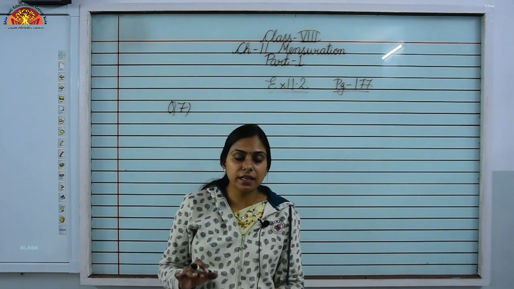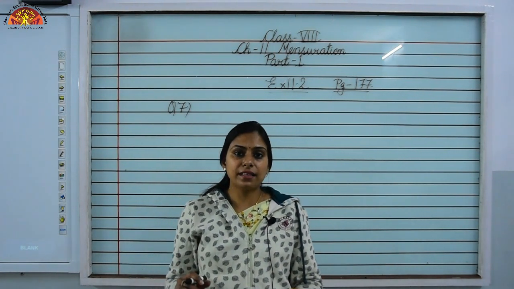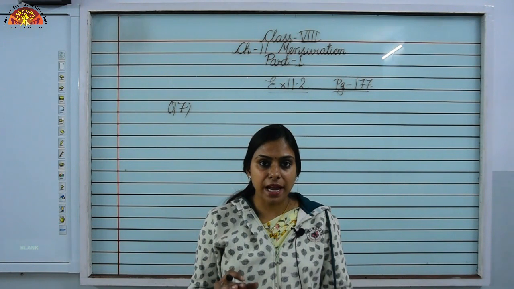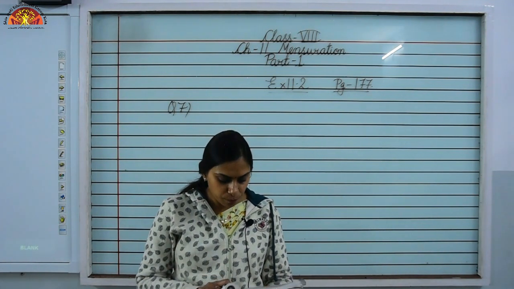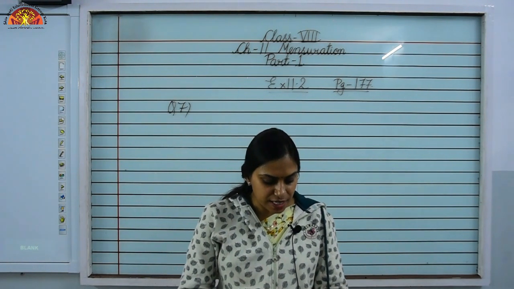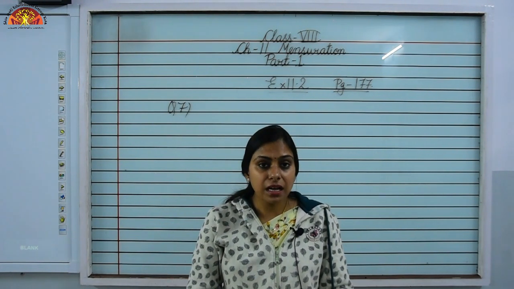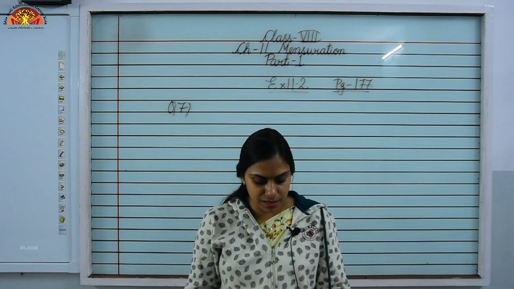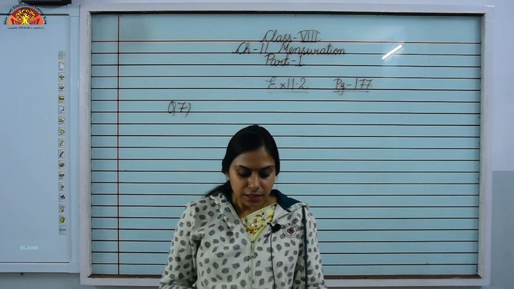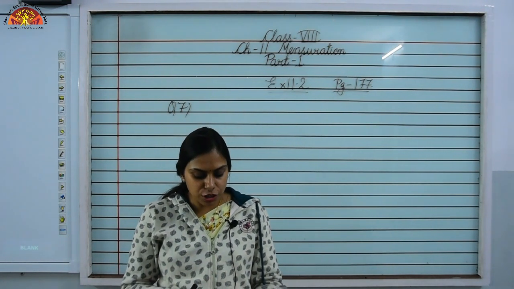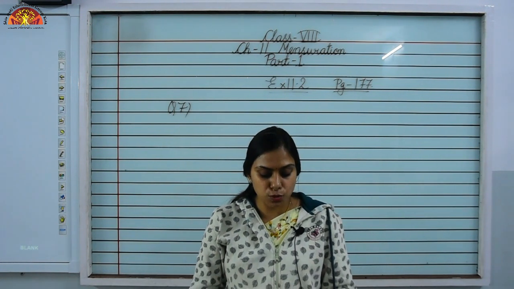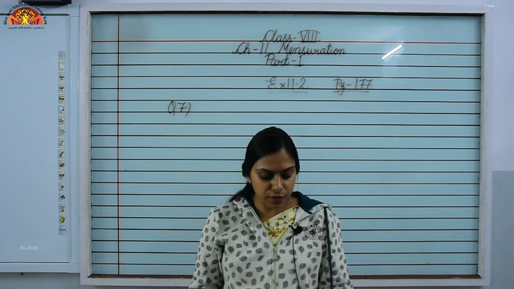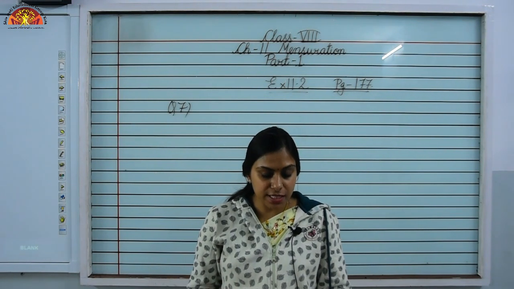That is, on the floor there are 3000 tiles in rhombus shape, and the dimension of one rhombus shaped tile is given to you, that is 45 centimeter and 30 centimeter are the measurement of the diagonals. You have to find the total cost of polishing the floor if the cost per meter square is rupees 4.